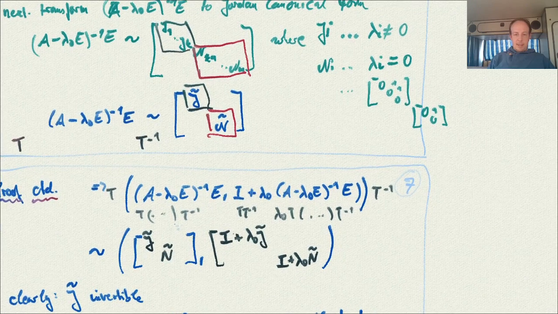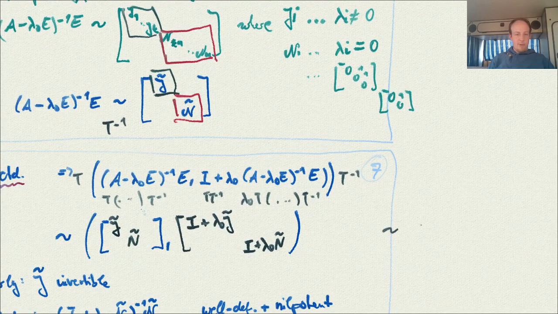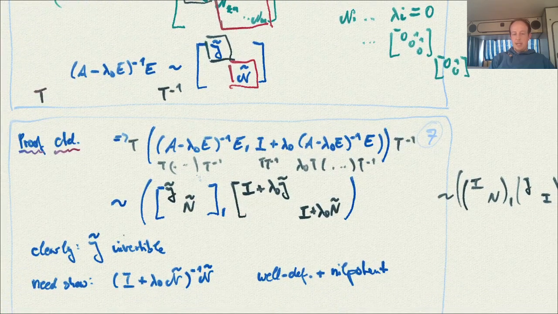Okay, a little look back at what we actually want to have. We want this to be similar to identity n and Jordan block and identity. That's what we want to achieve. What we already can see is that this J tilde is invertible, because these are all non-zero eigenvalues.